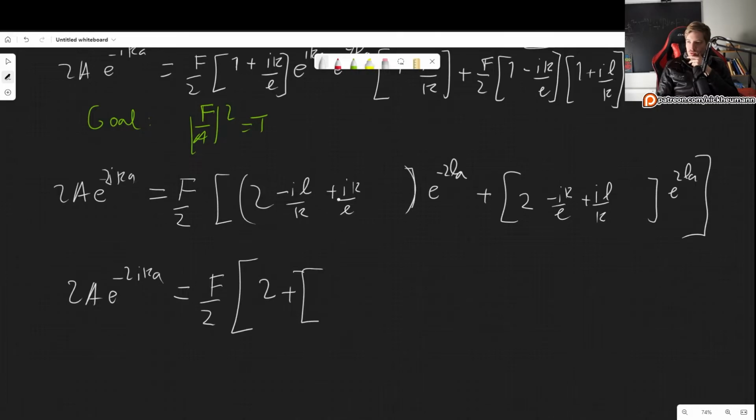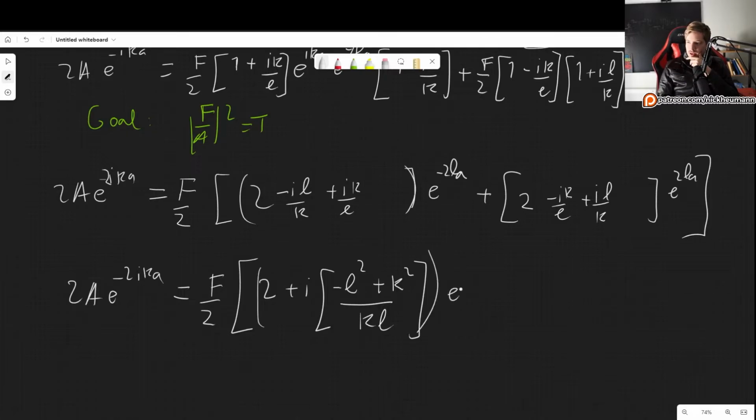We can actually factor out an i as well. So plus i, and then we get minus L squared plus K squared over K plus L, and all of this multiplied by e to the minus 2La.